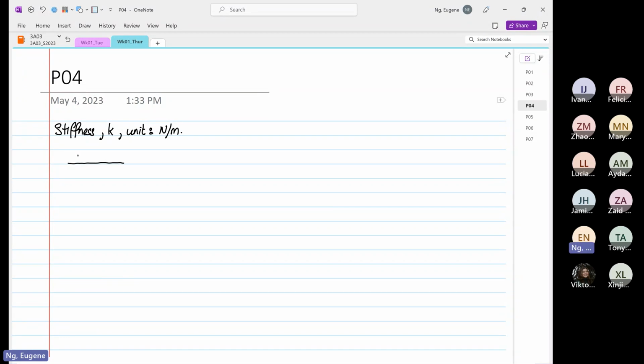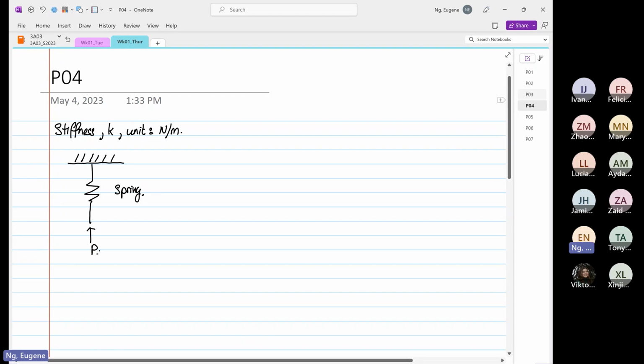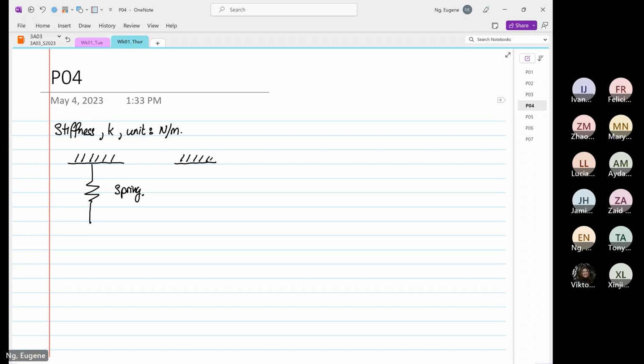So just to quickly recall regarding stiffness, in case you can't remember what stiffness is: basically, if you have a structure, and you have a spring, so this is our spring, and you apply a force, we'll call it Px. Initially there's no force, and then if we apply a force, the spring gets more compressed.